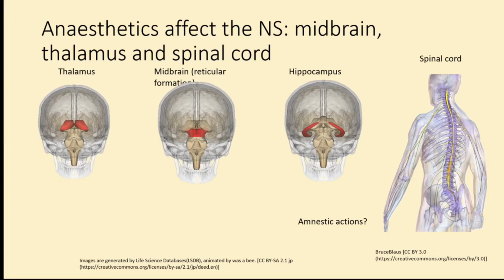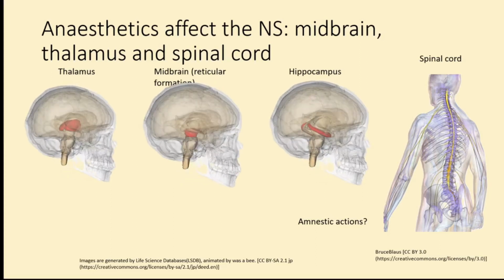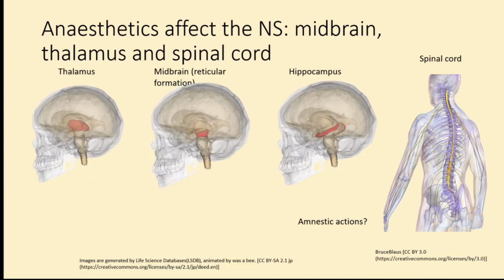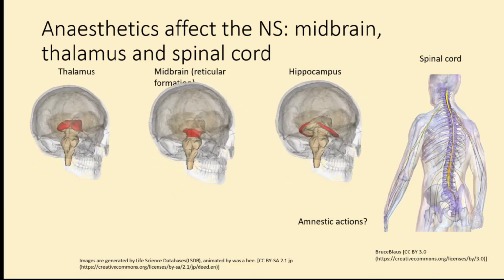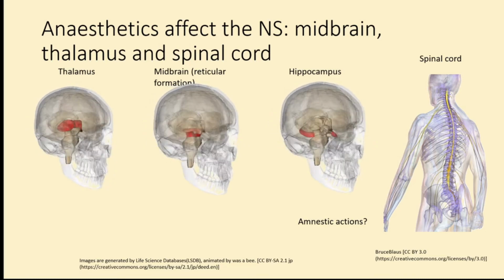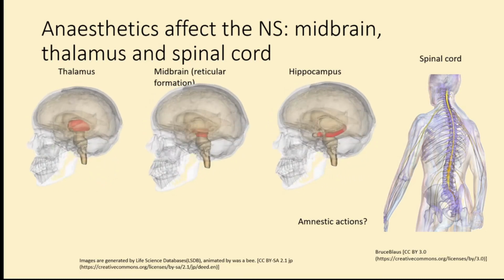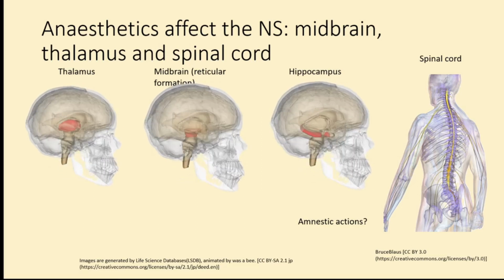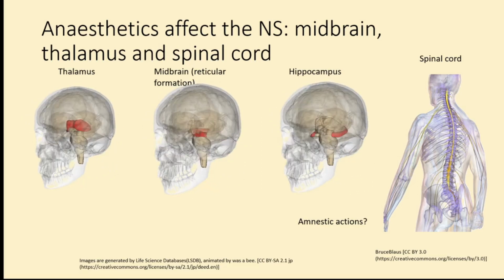So the site of action of the general anaesthetics, you won't be surprised, is in the nervous system, particularly in the thalamus, the midbrain, the hippocampus, and the spinal cord.